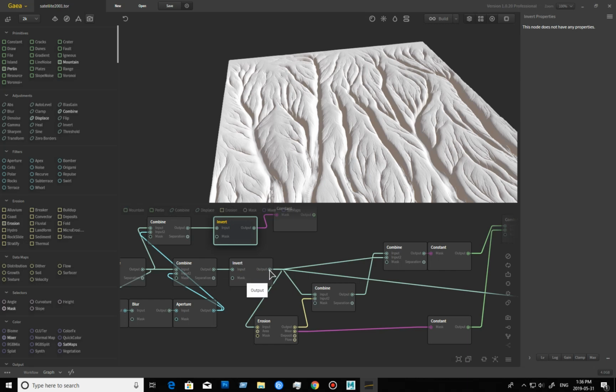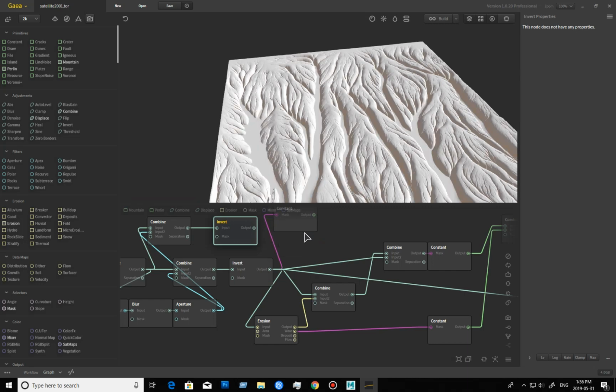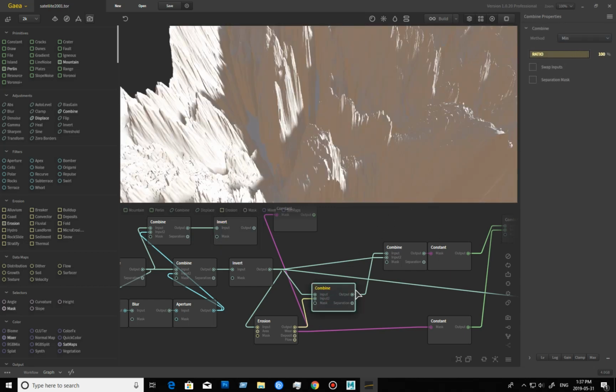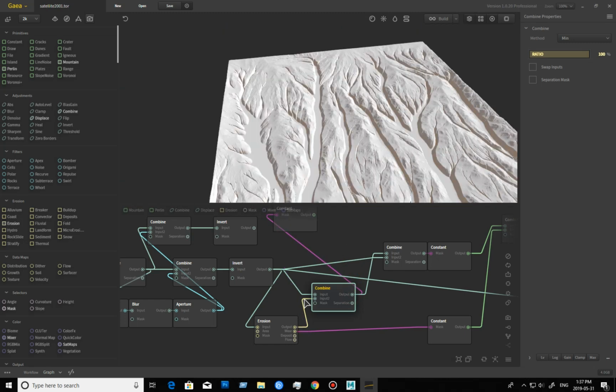Okay, so I went with that, and I processed it through Erosion, which gave me that, and then I did a combine with min, which I often will do in these cases, because what it does is it will subtract any of the additional sedimentation that's there.